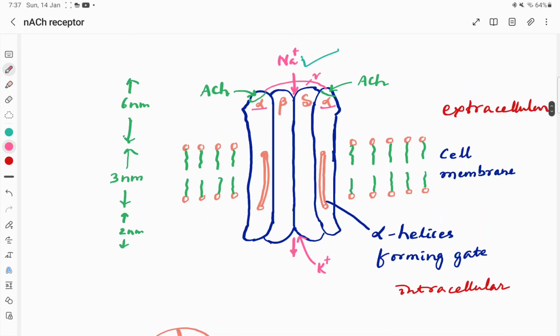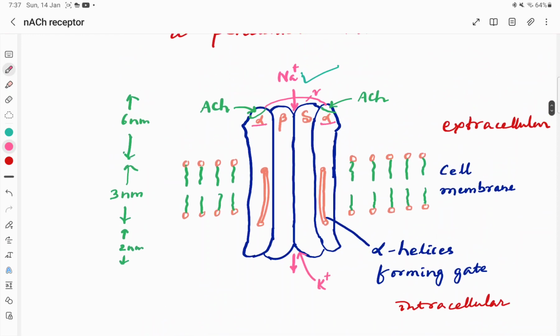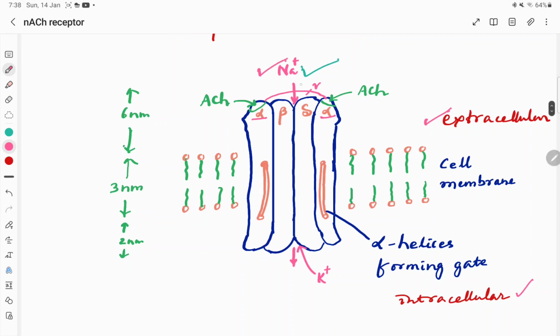So sodium and in some cases calcium can move from outside to inside, and potassium can move from intracellular to extracellular. But in case of sodium and potassium, the net movement will be the sodium influx and hence the net effect will be depolarization.